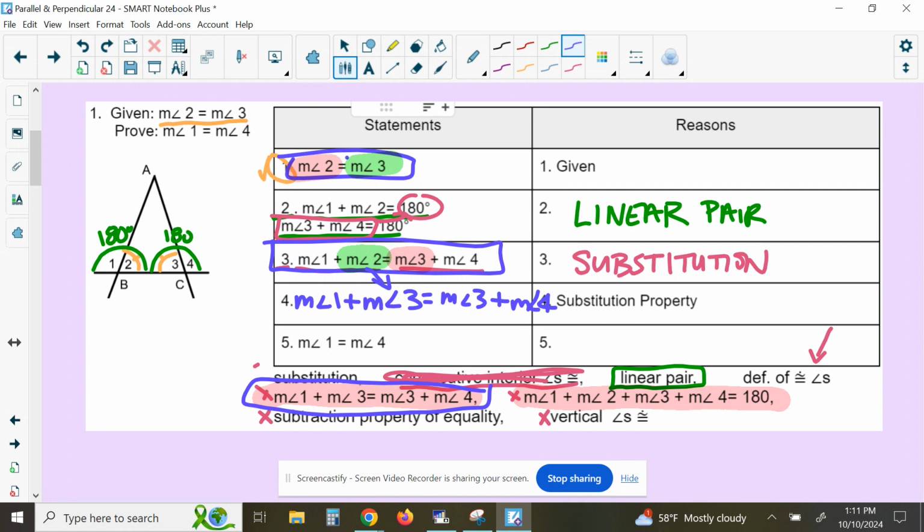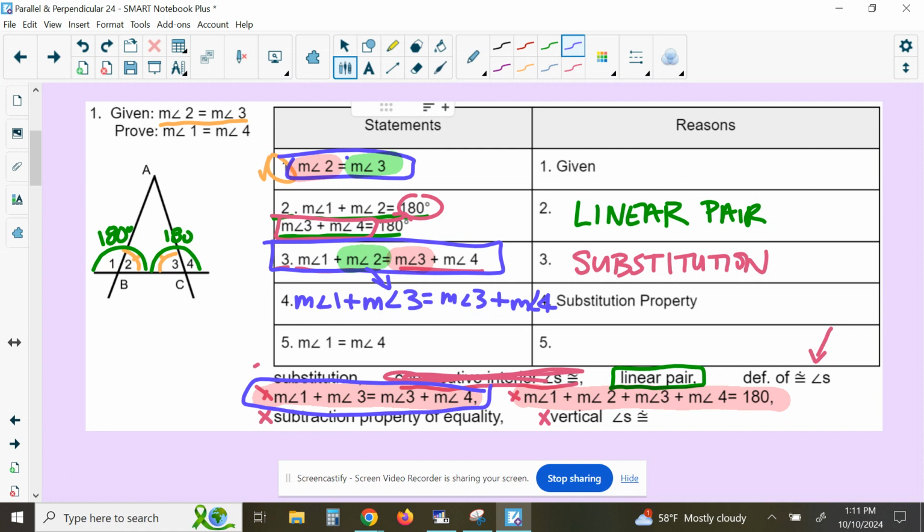And the last step. They say that angle 1, the measure of angle 1, is equal to the measure of angle 4. What are our options? Is it the definition of congruent angles? No. The definition of congruent angles says 2 angles with the same measure.